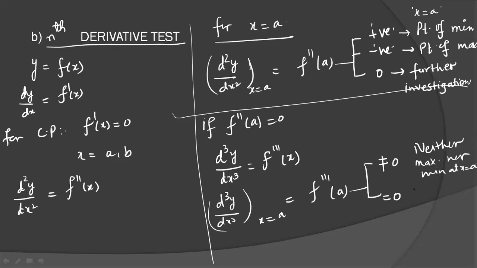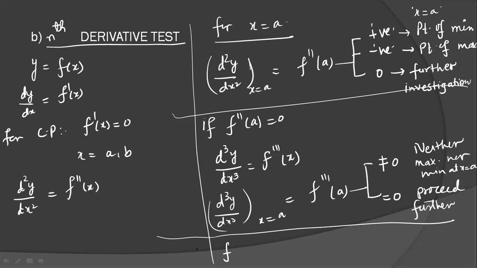If it is 0, proceed further. Now what will we do? We will find the fourth derivative, d to the power 4 over dx to the power 4, at x equal to a.